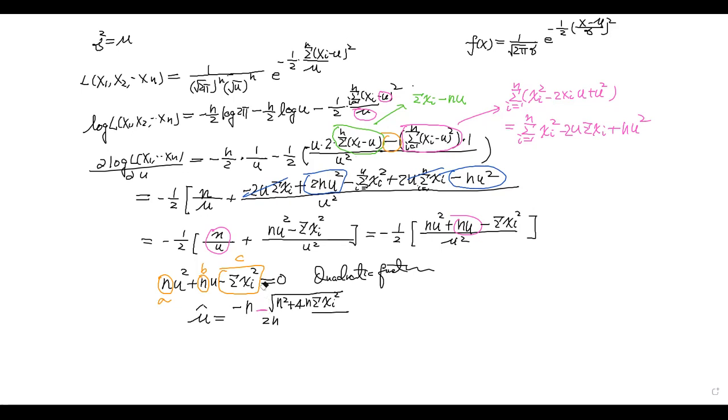Why do you only put a plus? The reason why I only put the plus is these reasons here. Take a look here. Whatever I have inside the square root, this is n squared plus something positive. So this whole square root is going to be greater than the square root of n squared, or greater than n.